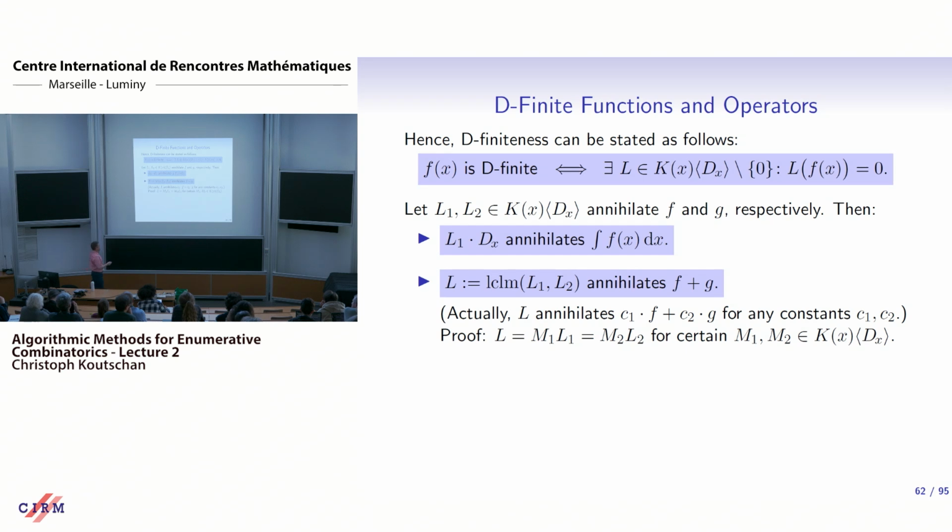And this can be easily seen, because if L is the least common multiple of these two, that means you have an M1 that you multiply from the left to L1, and an M2 that you multiply from the left to L2, such that these two are the same. And then it's obvious that this L has to kill both f and g, and therefore also any of their linear combination.